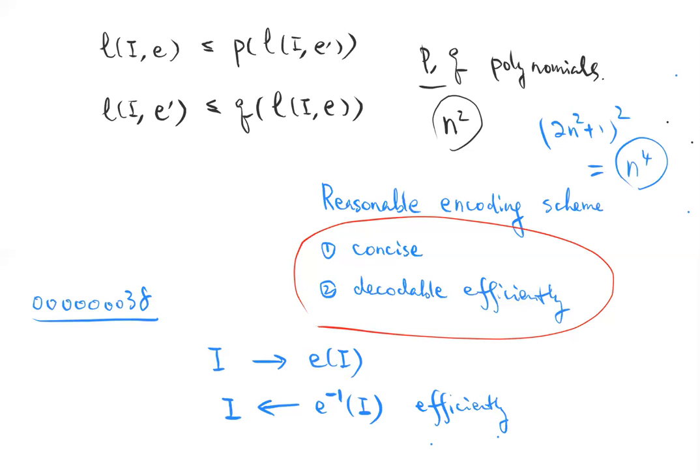So that's not robust. But polynomial is robust. All right. So that also suggests what we mean by efficiently here. It means polynomial time.